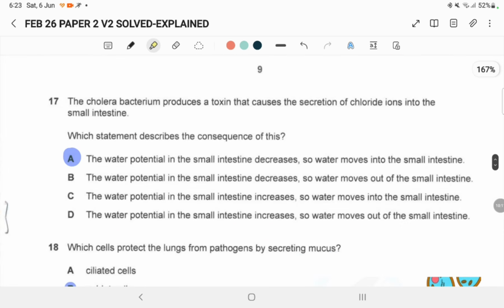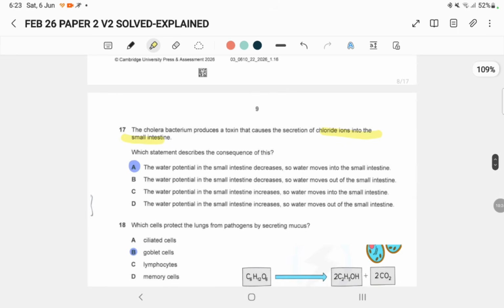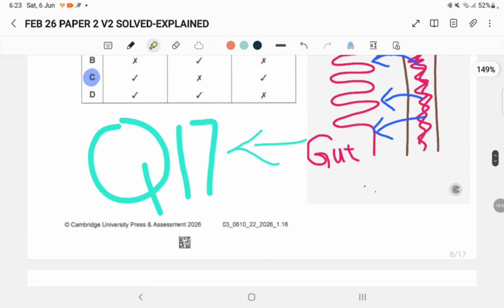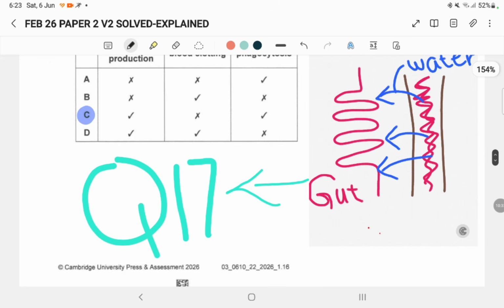Now question 17. The cholera bacterium produces a toxin that causes the secretion of chloride ions into the small intestine. It's telling you which statement describes the consequence of this. Well, the water potential in the small intestine decreases, so water moves into the small intestine. And as you can see here, I labeled this drawing for you guys so that you can understand.